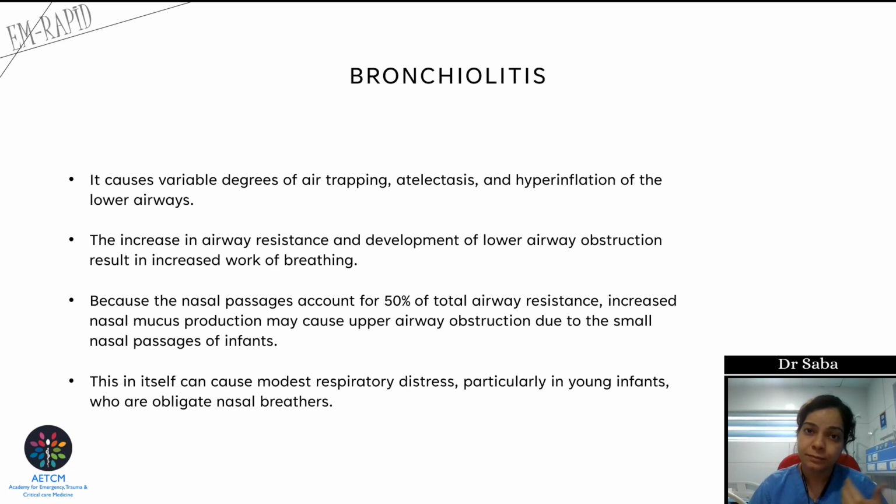Because of this, the patient will end up in respiratory distress, as depicted by nasal flaring, subcostal and intercostal retractions, and all of it. Basically, the child will end up with upper airway obstruction.